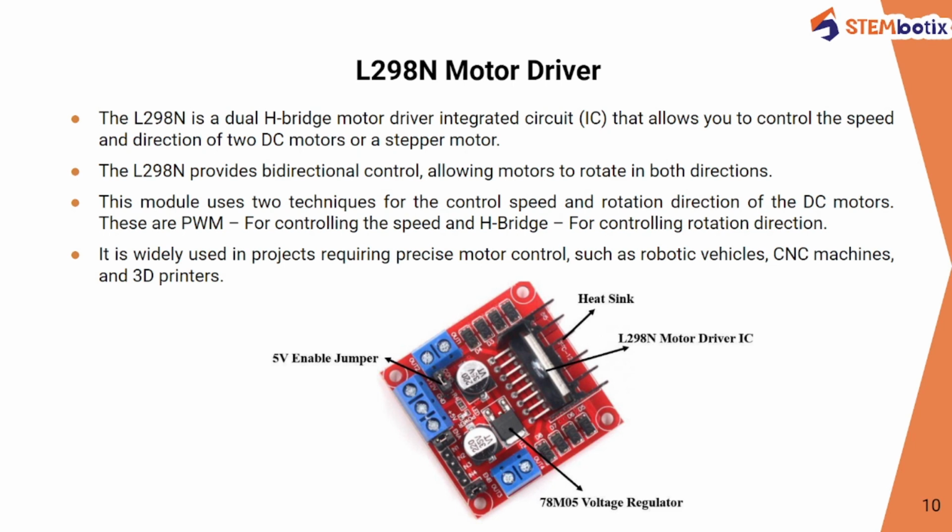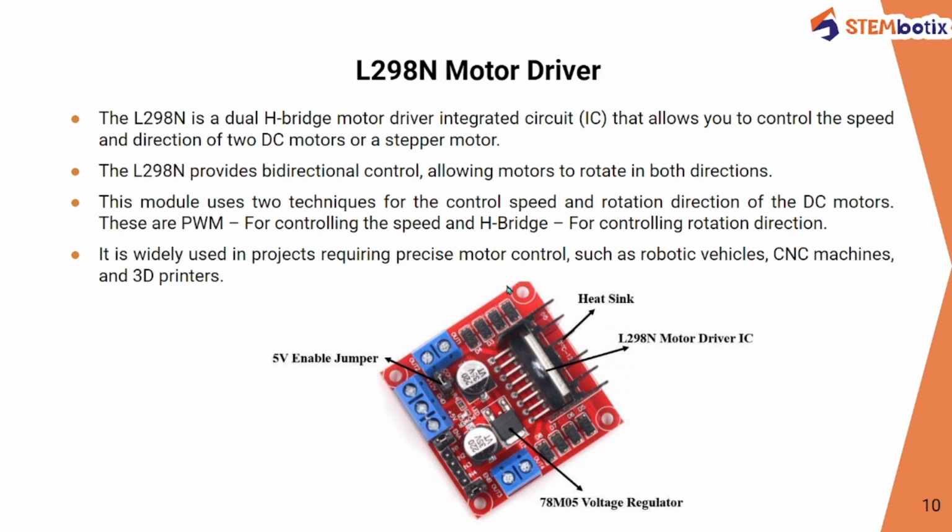So PWM is to control the speed and the H-bridge is there to control the rotation's direction, means in which direction the rotation of the device should go. It is widely used in projects requiring precise motor control such as robotic vehicles, CNC machines and 3D printers. These L298N motor drivers are widely used.